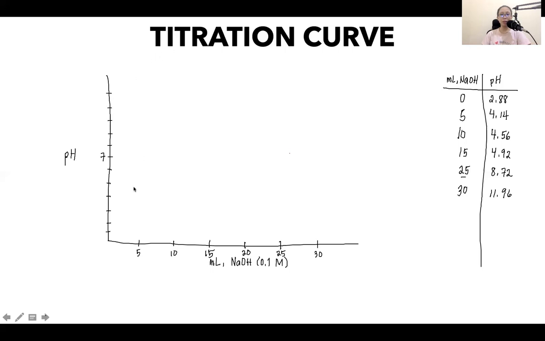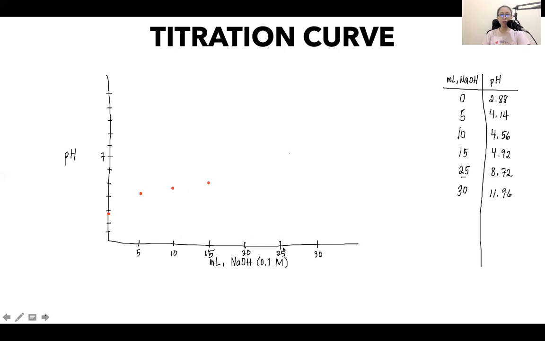Okay, let's plot the points. So at 0 mL, we have 2.88. It's around here. At 5 mL, we have 4.14. At 10, we have 4.56. At 15, we have 4.92.